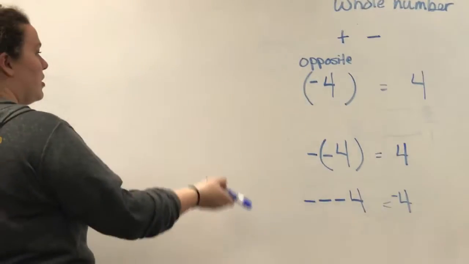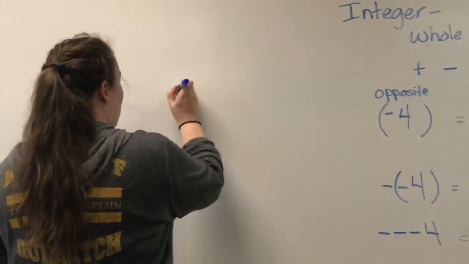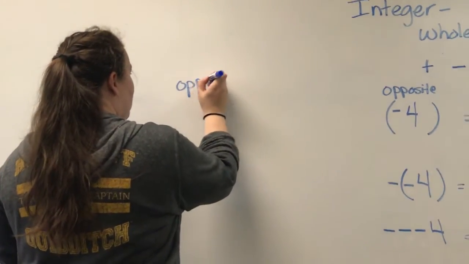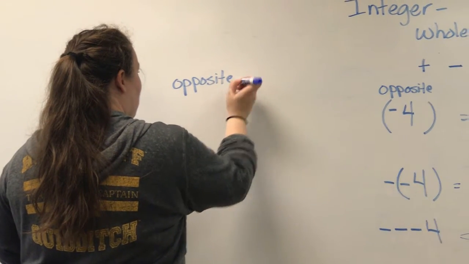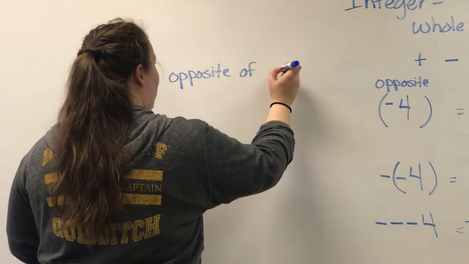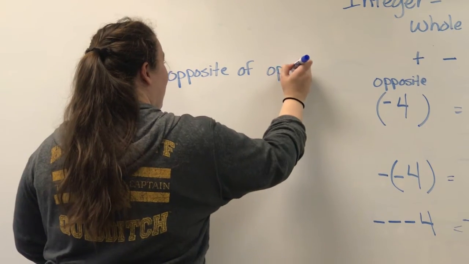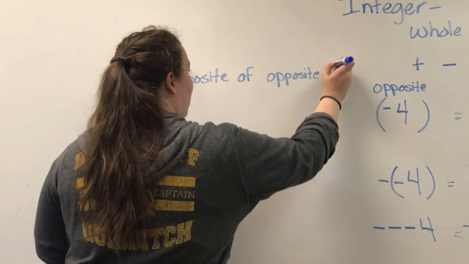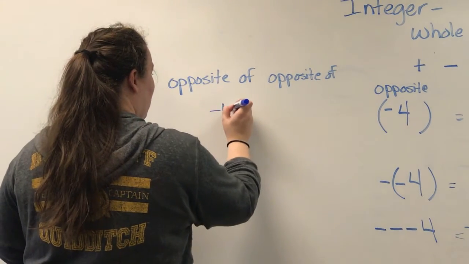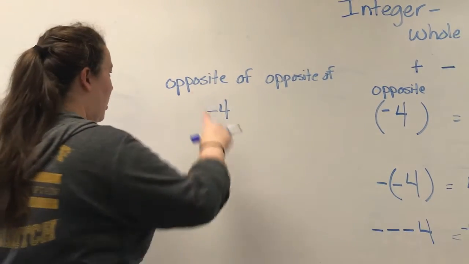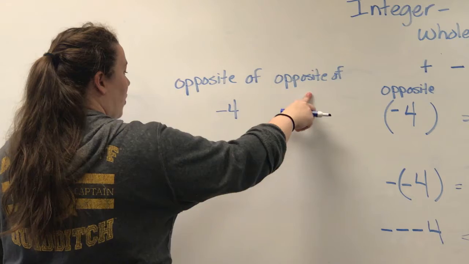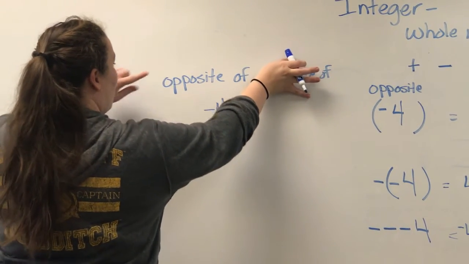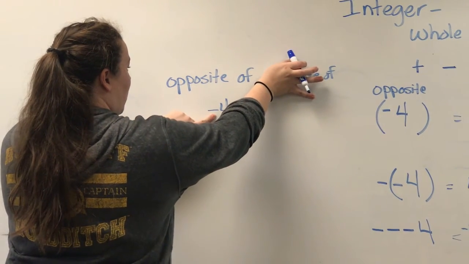Also, you can put this in your notes. It's going to say opposite of opposite. It's going to try and trick you. Of negative 4. Okay, opposite of negative 4. Let's just take it one step at a time. What is the opposite of negative 4?